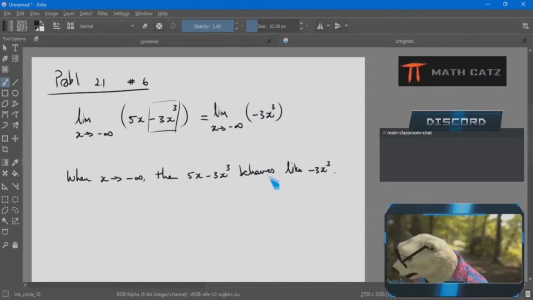Nothing is changing. As soon as we have limit, we're talking about behavior. Anything you write in the limit, you can write out in a more wordy sentence. Nothing is different. I want to emphasize that. People think as soon as they see limit, they need to do something weird. No, we're just rephrasing the behavior question. And in that question, we looked at the essence of the polynomial.